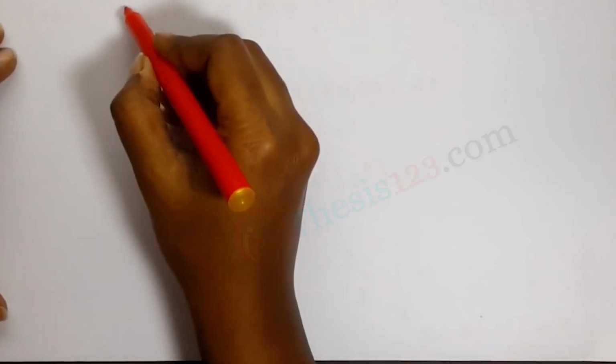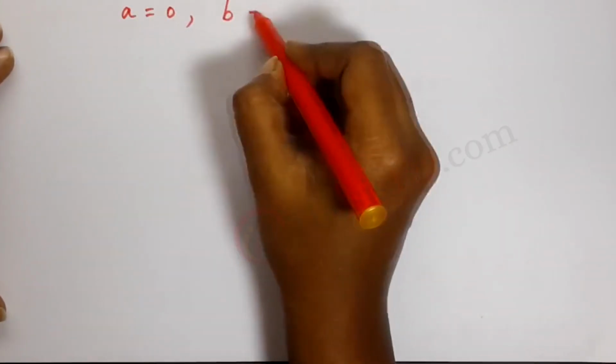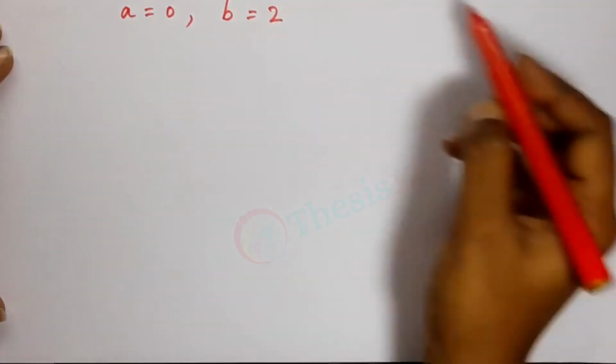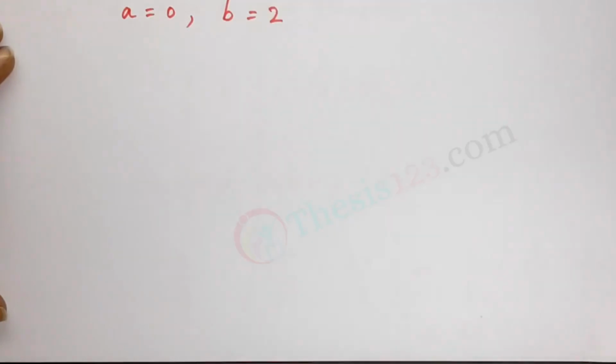Now you can use any method in solving the two equations. You can use the elimination method or the substitution method, either one. You find the values to be a equals 0 and b equals 2. I'll leave the solving to you since that's quite basic.